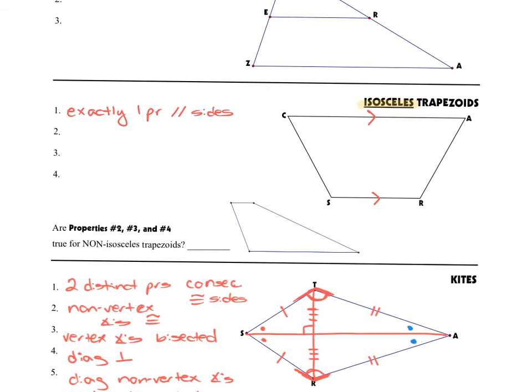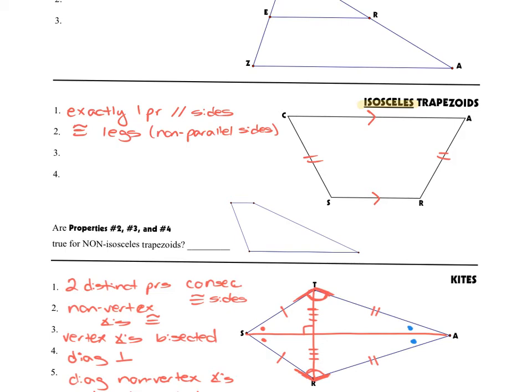Now, into the things that are related to isosceles trapezoids. An isosceles trapezoid is going to have congruent legs, and our legs are the non-parallel sides. If you want to write that down, you can. Those are the non-parallel sides, if you're not sure. So those are going to be congruent.